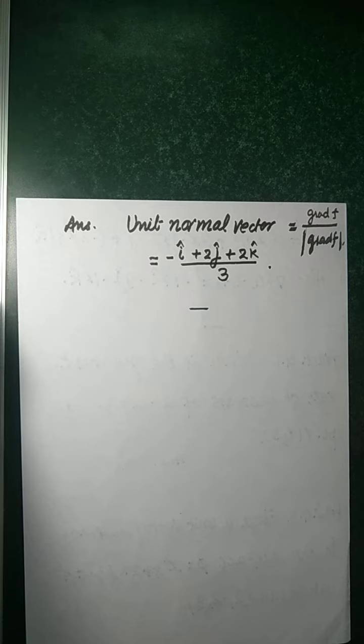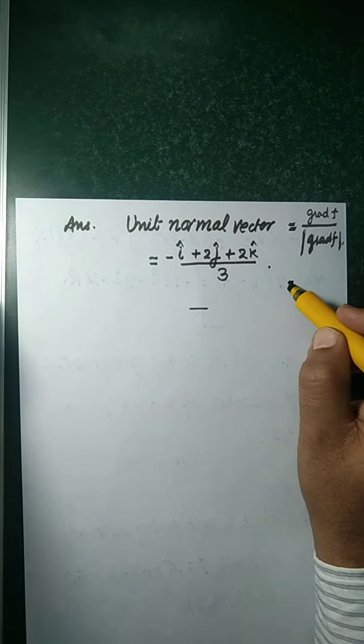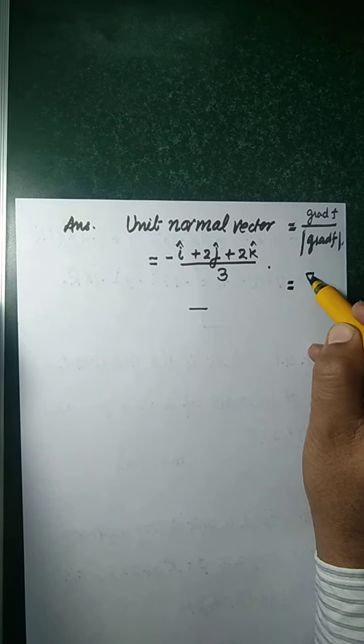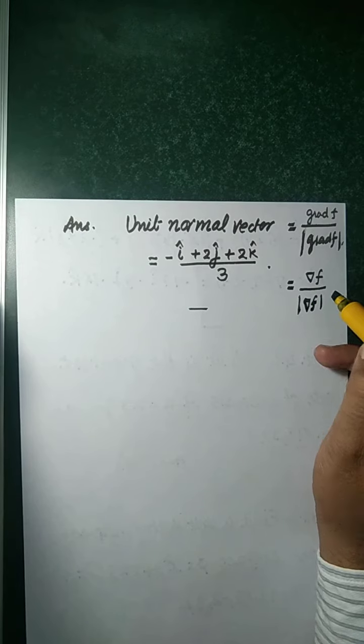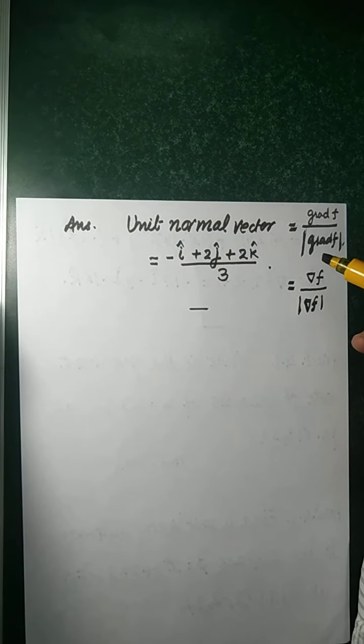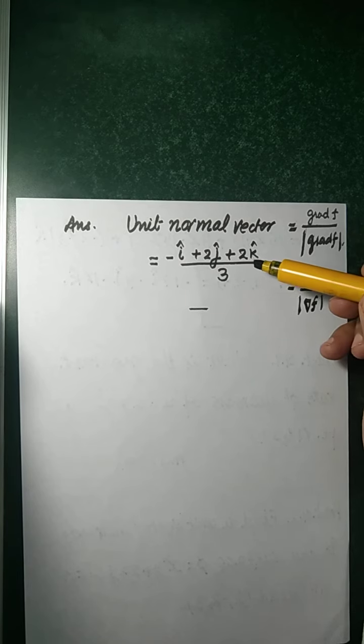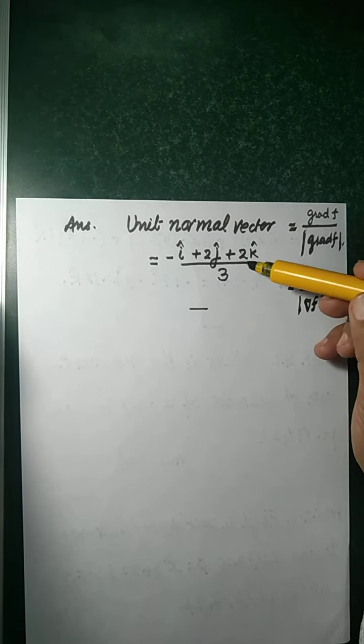So after solving this one, or we can say this is del f upon mod del f. This is the unit normal vector, and after simplification one can obtain this is the answer.